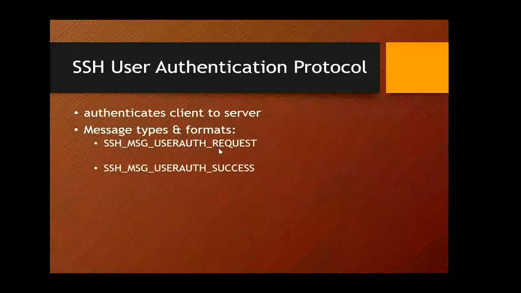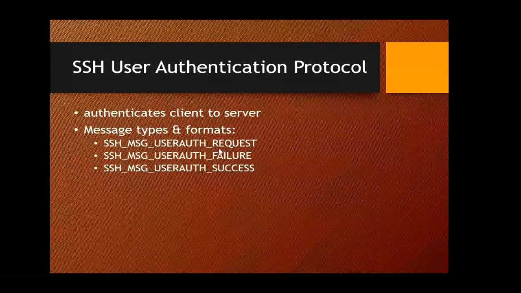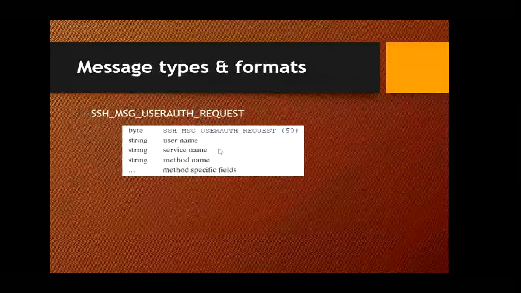The second message is the SSH message user authentication success, and you have another message that is SSH_MSG_USERAUTH_FAILURE. So we will look at each of these in much detail. So the first one is SSH message user authentication request.